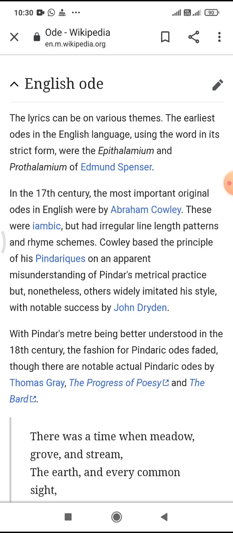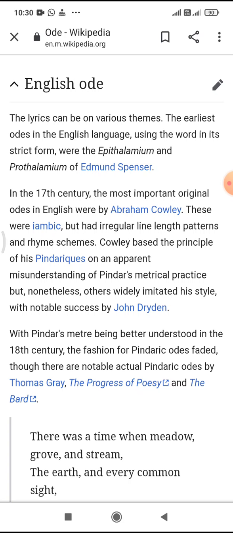In the 17th century, the most important original odes in English were by Abraham Cowley, another famous poet of the period. These were iambic but had irregular line length patterns and rhyme schemes.